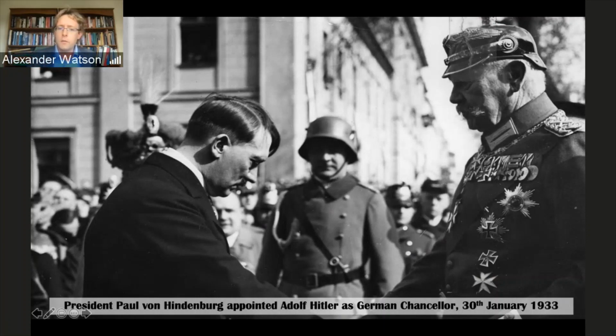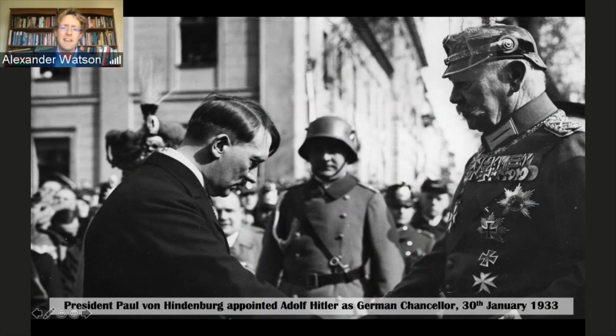Hitler was appointed, and he was appointed by the president, the former First World War General Field Marshal Paul von Hindenburg, on the advice of Hindenburg's conservative and authoritarian allies. But Hindenburg reached out for Hitler precisely because Hitler had a mass following. By January 1933, Hitler's Nazi Party was the largest party in Germany's Parliament, winning millions and millions of voters.